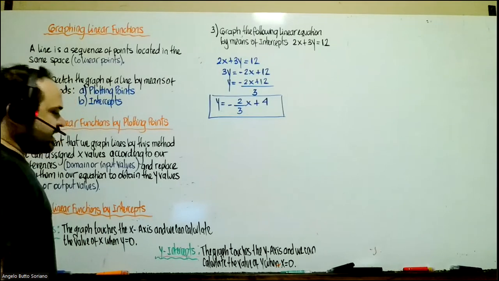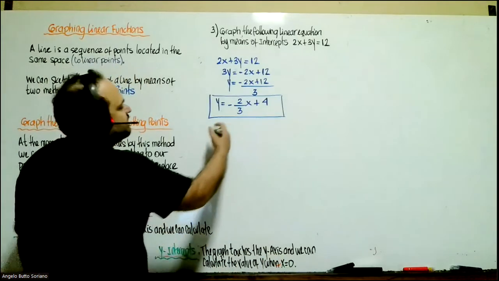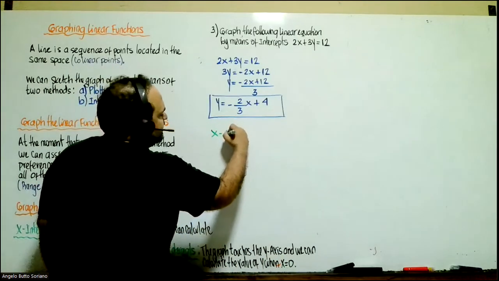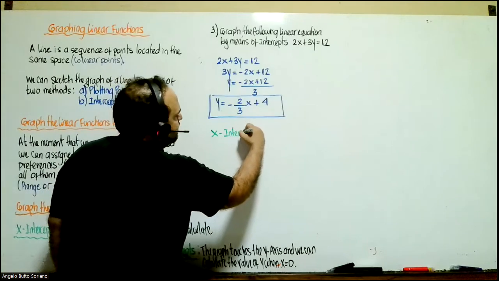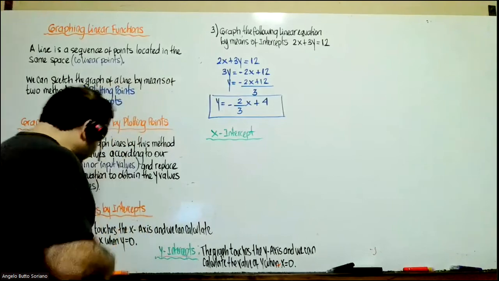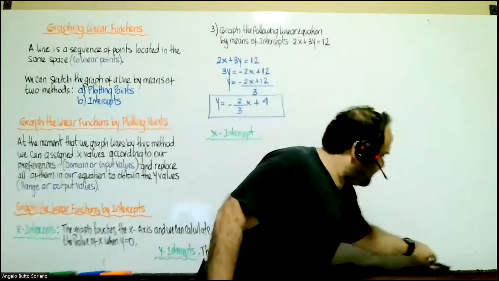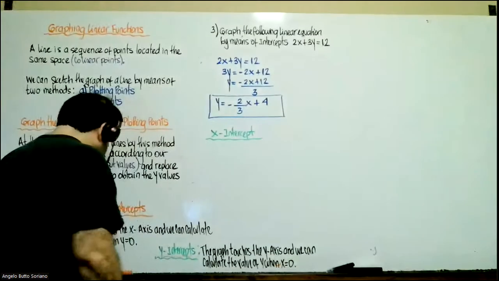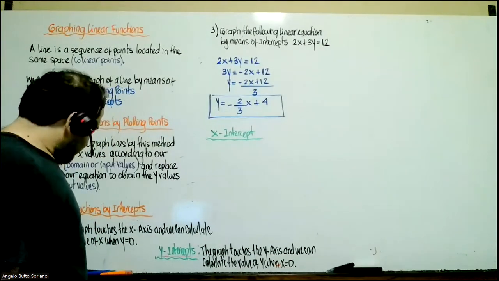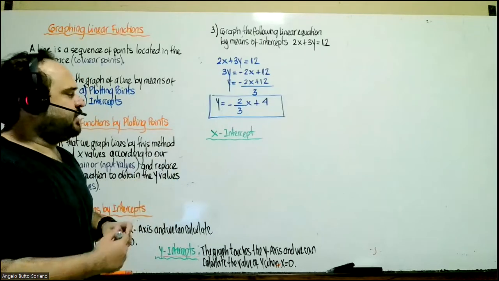Now it's time to calculate the x and y intercepts. Let me label over here the x-intercept. Well, the x-intercept is simple to calculate. The only thing we have to do in this case is change the value of y to 0.